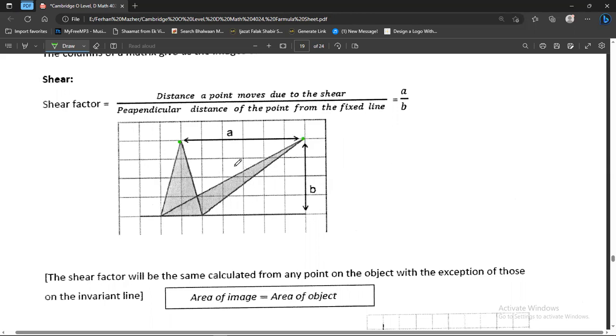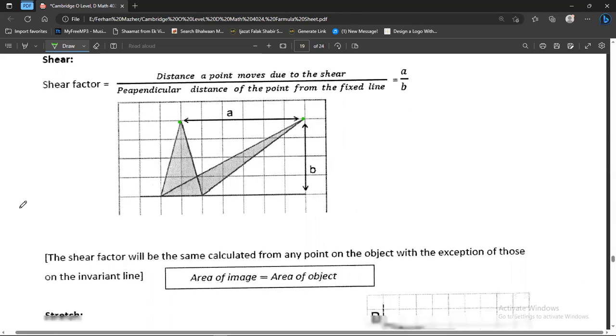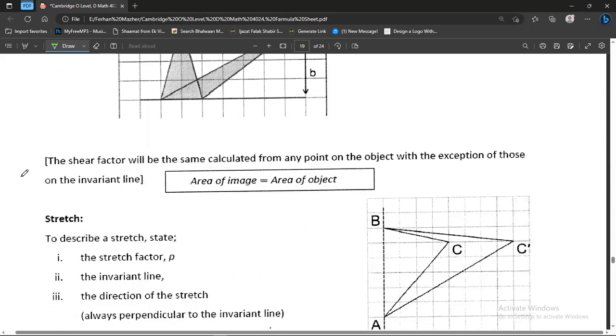Now this is the image. So the shear factor will be the distance moved parallel to the invariant line divided by its perpendicular distance from it. The shear factor will be the same calculated from any point on the object, with the exception of those on the invariant line. The points which are on the invariant line do not move; their image is the same.